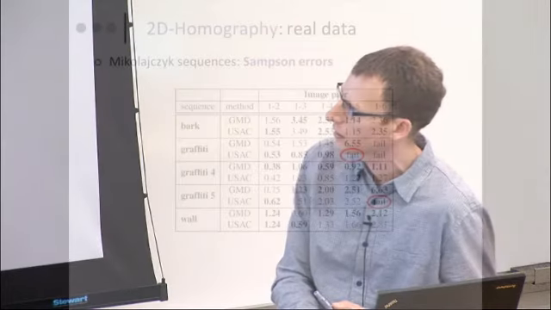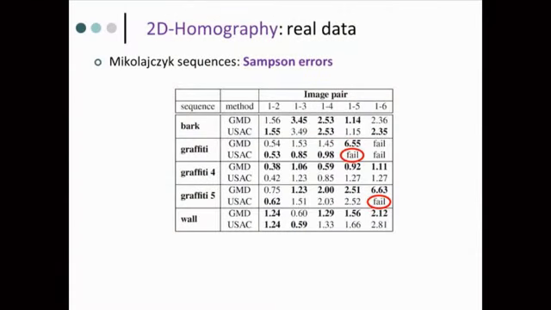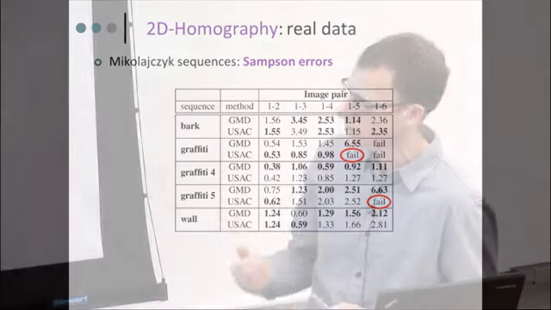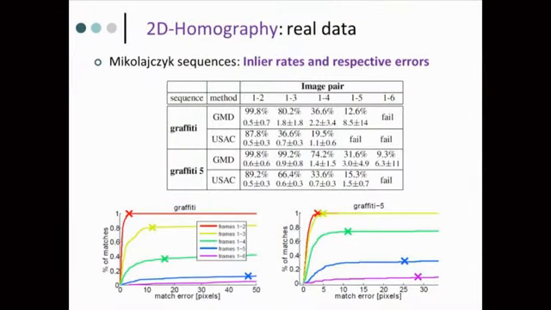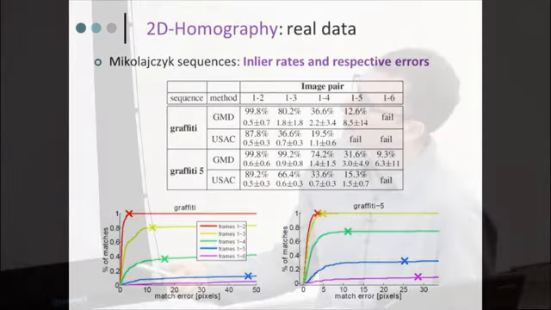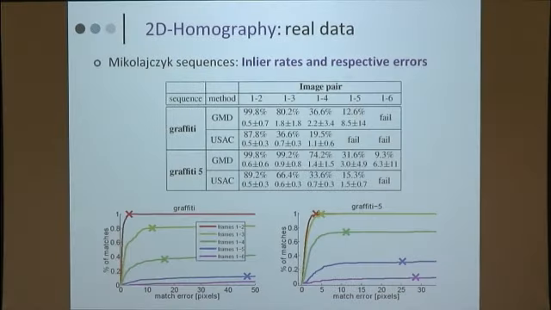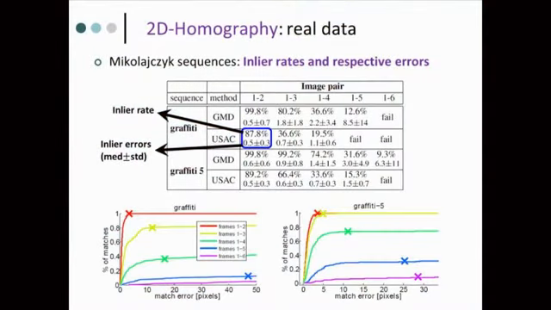But the interesting thing is looking at these 2 sequences where at a certain stage USAC fails earlier than we do. In these 2 examples, we still managed to find a transformation which is not too bad compared to their failure. Just to look into these 2 examples, Graffiti and Graffiti 5, we compare the 2 methods in terms of the inlier rate that they find and the amount of noise that these inliers have.